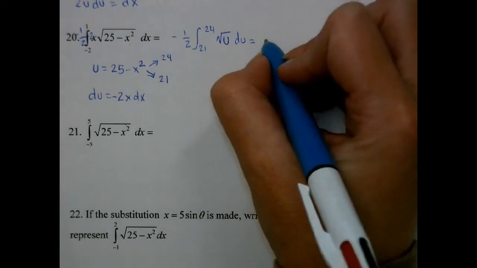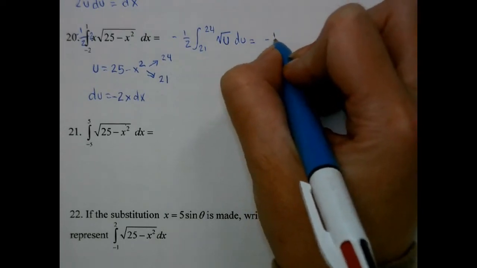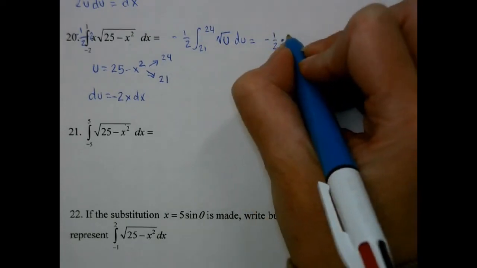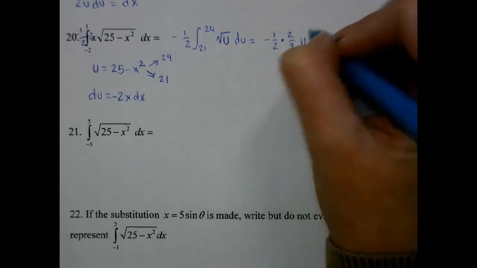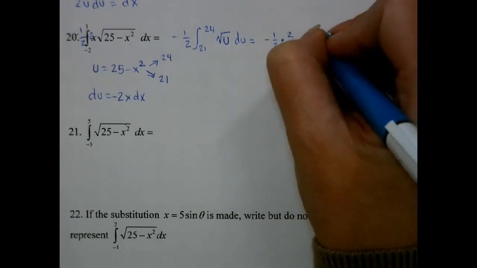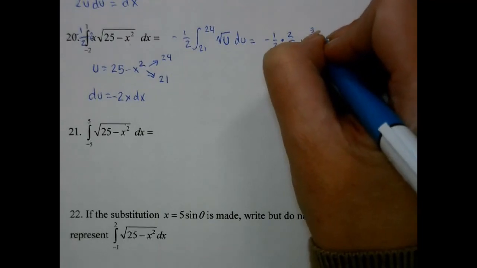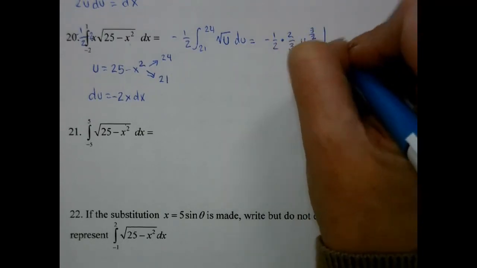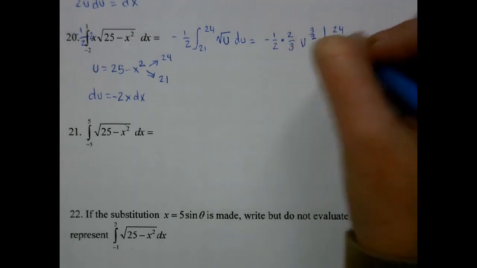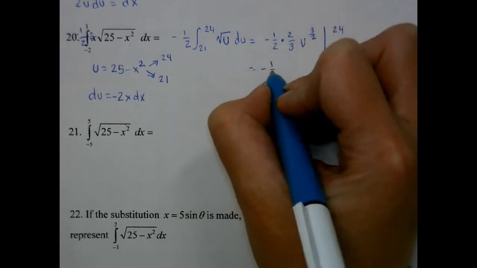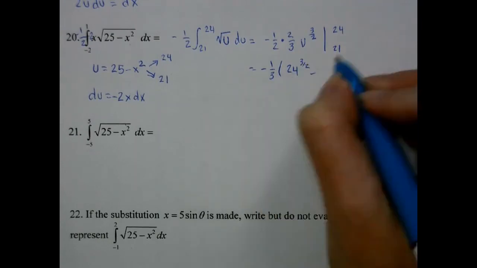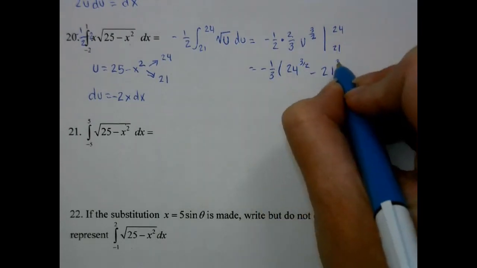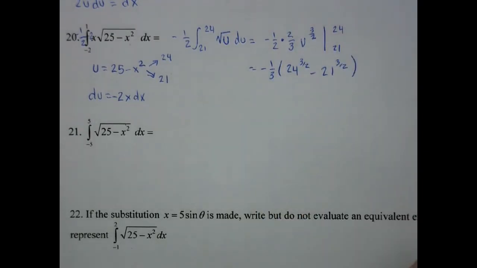So this is going to be negative 1/2 times 2/3 u to the 3/2, evaluated from 24 to 21. So negative 1/3 times 24 to the 3/2 minus 21 to the 3/2, and we're going to leave it just like that.